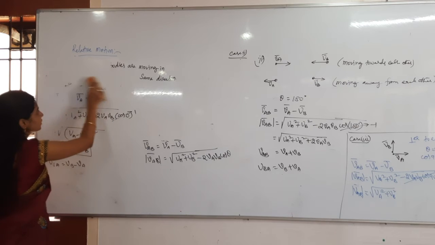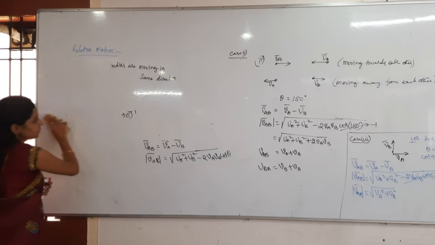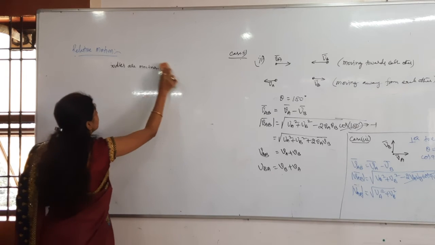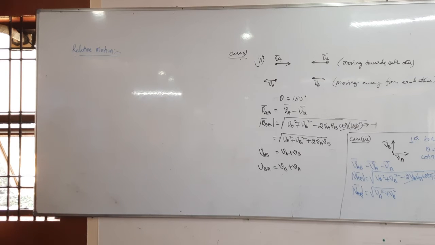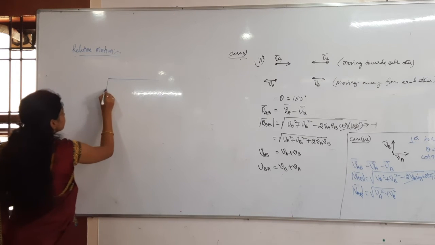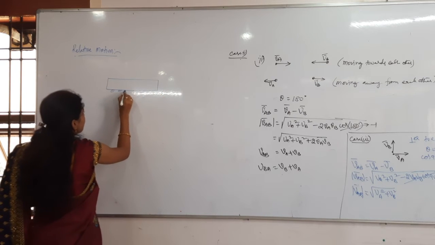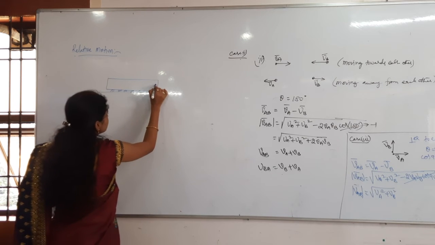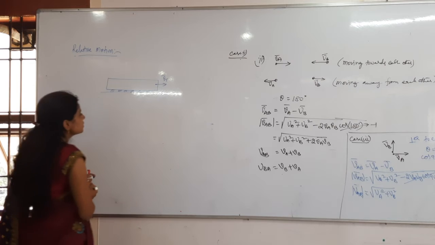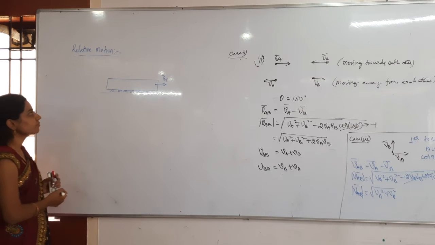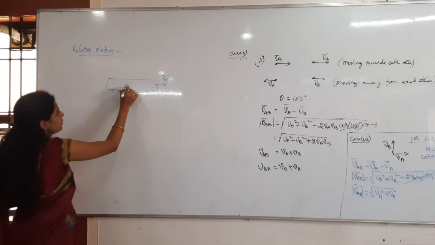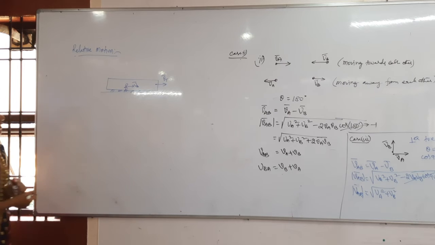A train is moving with velocity Vt. A boy is running in the train with velocity Vb in the direction of the train.